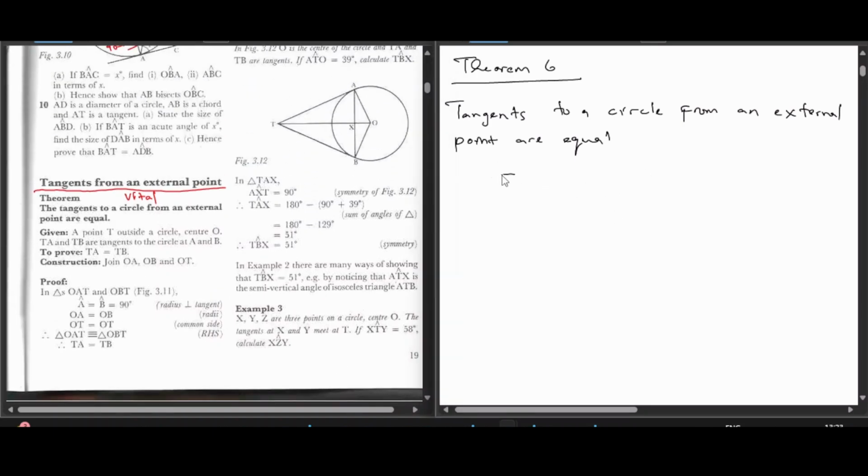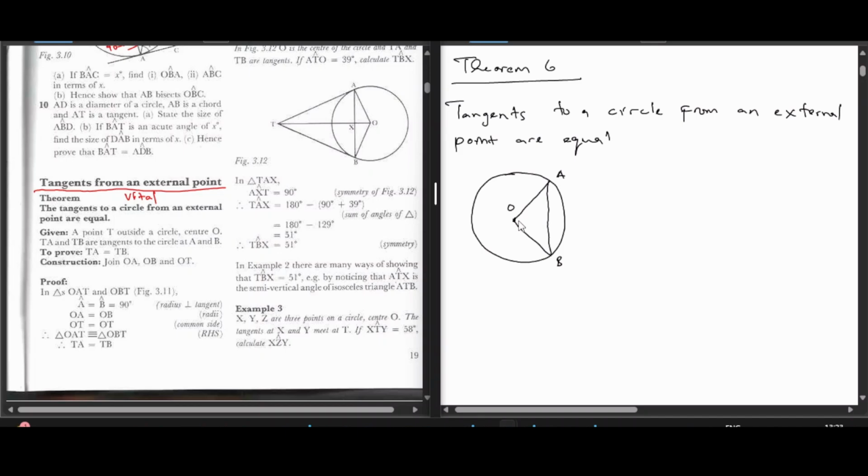We have a circle with a center, then two radii, one touching at A, one touching at B, and we connect these radii like this.